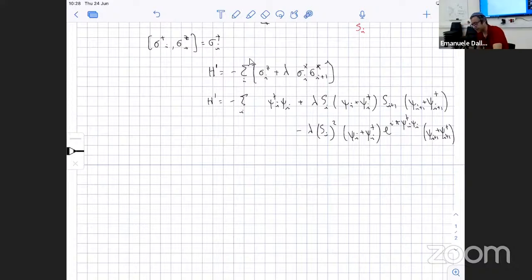Because what I did, I split this string as all the operators that come before site I and the operator that acts at site I. All the operators that act before site I don't matter, they just anti-commute with these psi operators, and they come to the left.